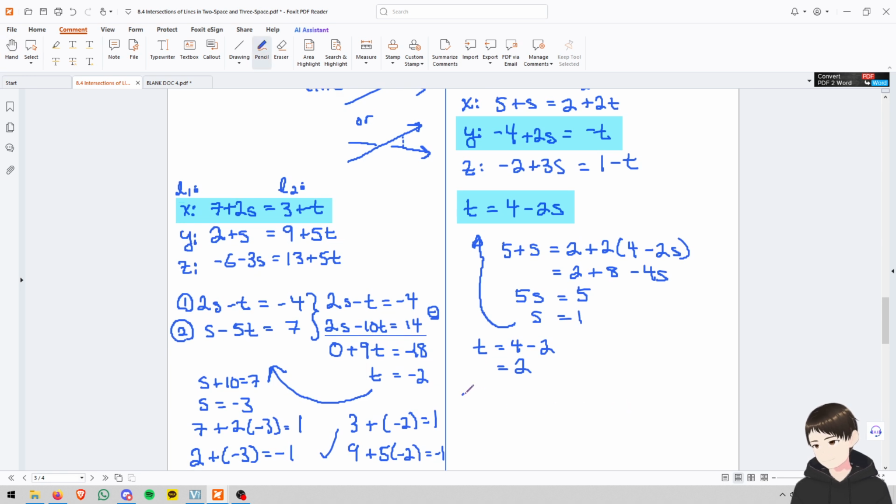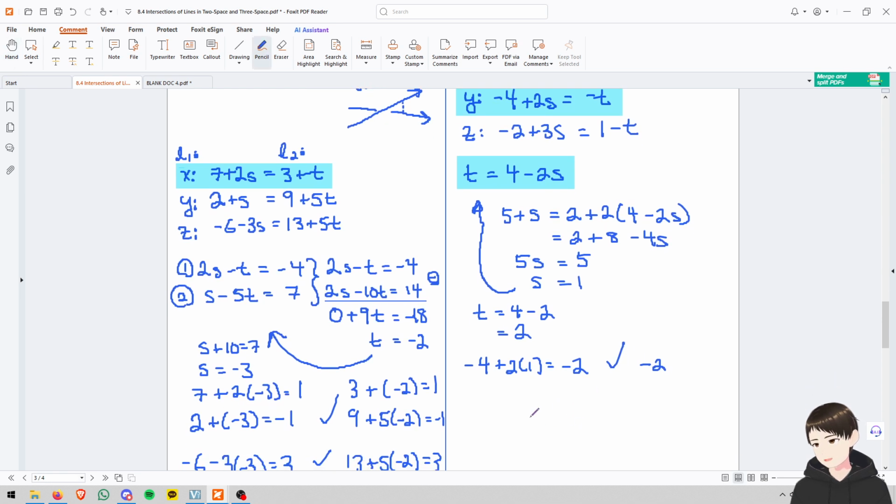Do the y's equal? Well, y is equal to negative 4 plus 2s. That is negative 2. On the right side, y is equal to negative t. Oh, they both check out. Looking pretty good. Z: negative 2 plus 3s, that's negative 2 plus 3, 1. And for z on the other side, 1 minus t.